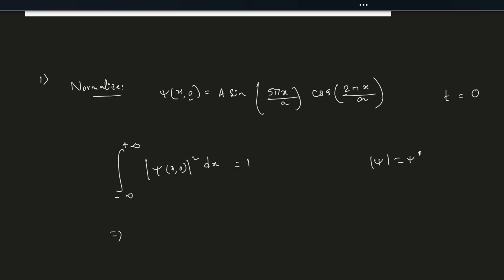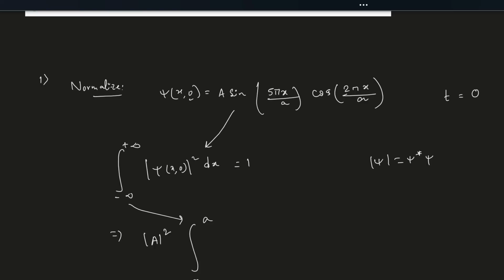Psi star is the complex conjugate of the wave function psi, but because this is a totally real functional form of psi(x), anything that comes out of it will be real, because sine of some argument of x will not be a complex quantity. So what you get is this constant |a| squared out of this, and you put the other terms as it is, right? And also look at this integral limit. We'll be only solving the integral from 0 to a and not from minus infinity to plus infinity.